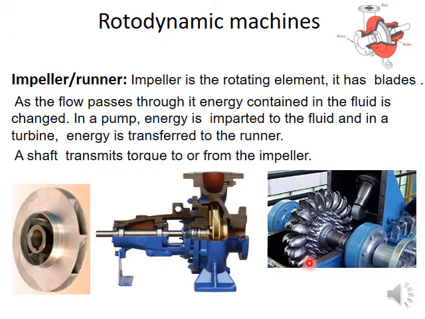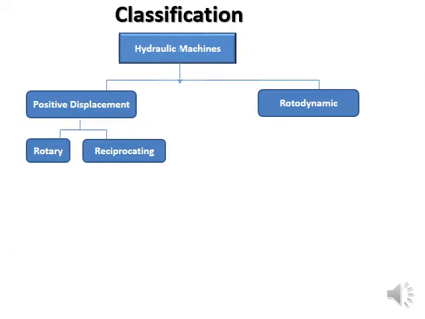So this is the impeller or runner of a turbine, one type of turbine, and this is an impeller of one type of the rotodynamic pumps called centrifugal pumps. Right? It is like this.